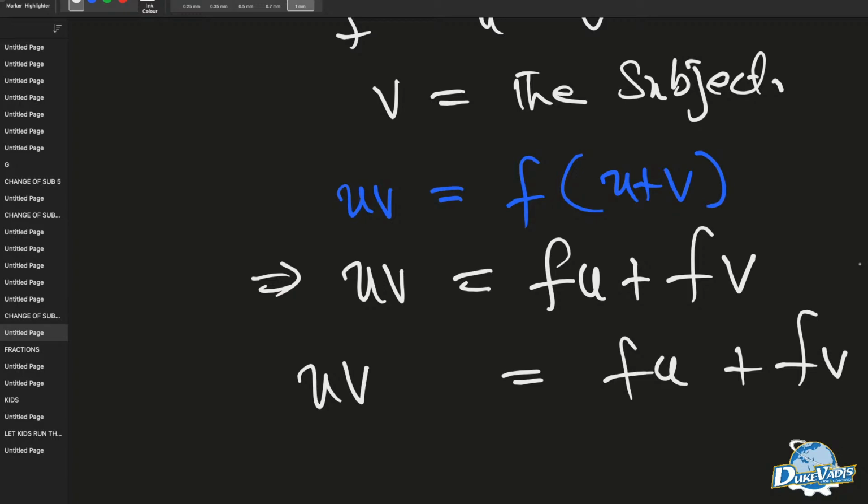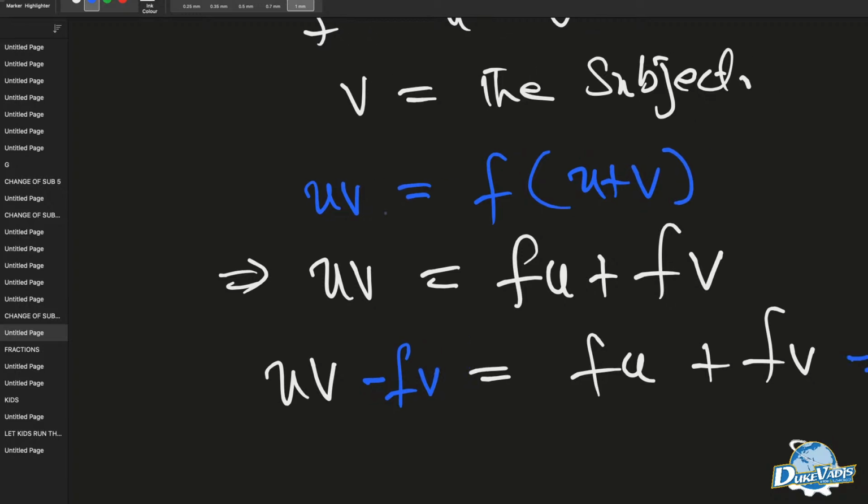Let's use different colors so that it will be easier for us. So we subtract fv from here and fv from here. If we do that, fv minus fv will be 0, and 0 plus fu will be fu. So this will be fu is equal to uv minus fv.